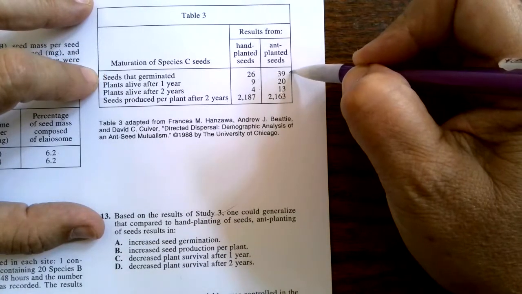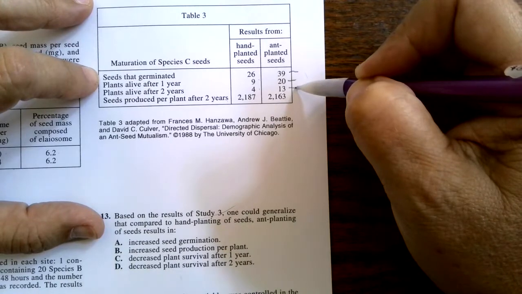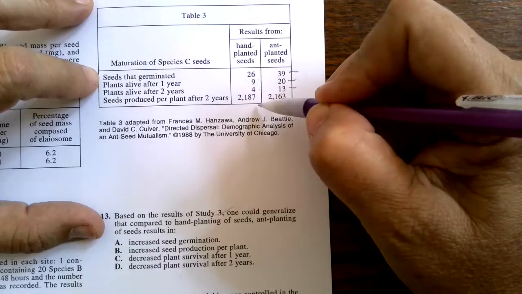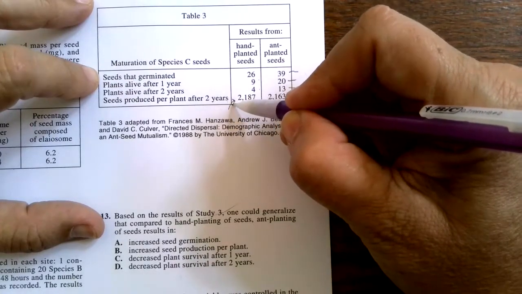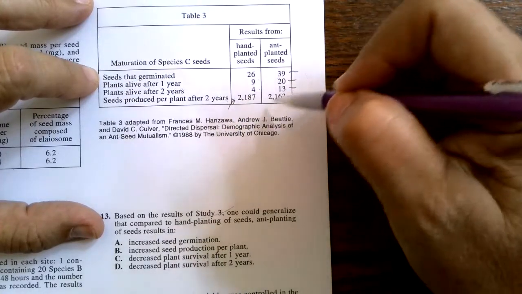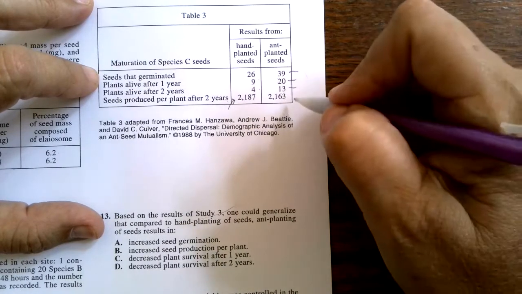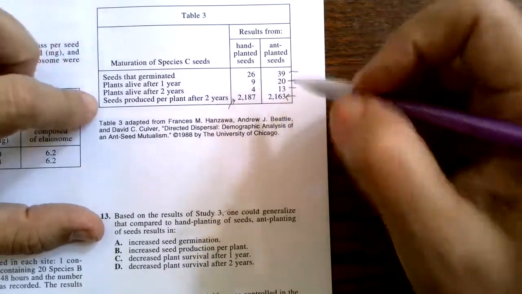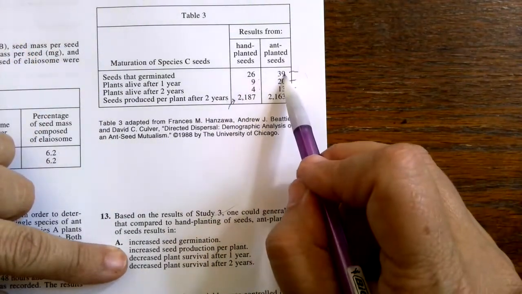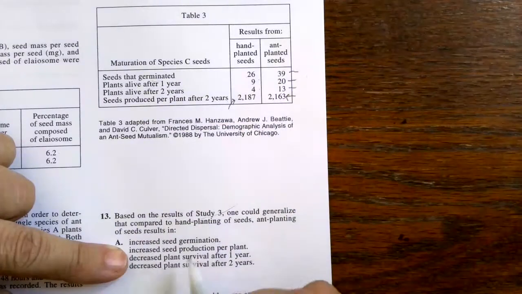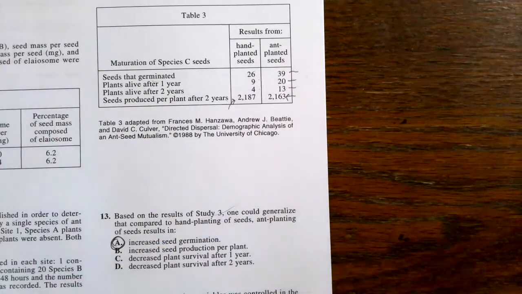We had more germination, we had more plants alive first year, we had more plants alive second year, but we had fewer seeds produced compared to hand planting. So increased seed germination. Yes, more seeds germinated from the ant planted seeds. All right, so we're just going to keep going.